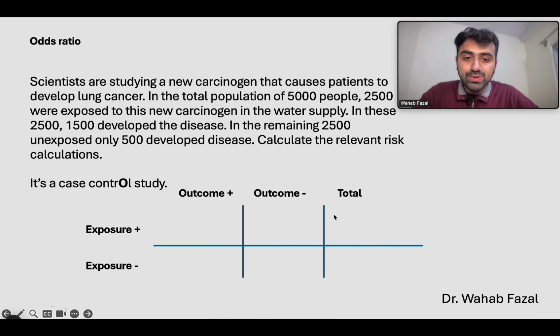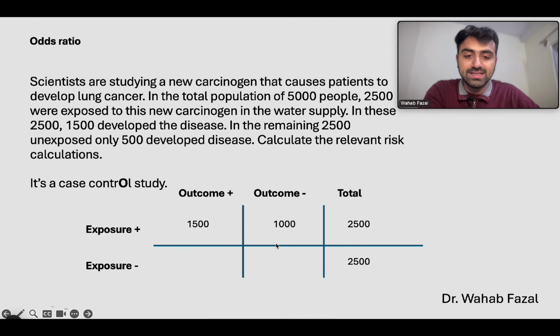First of all, I need you to think of the total exposed and the unexposed people. The total exposed people were 2,500 and similarly the total unexposed people were also 2,500. Of the total exposed people, 1,500 developed this disease, so exposure positive and outcome positive. That leaves a remaining 1,000 from this 2,500.